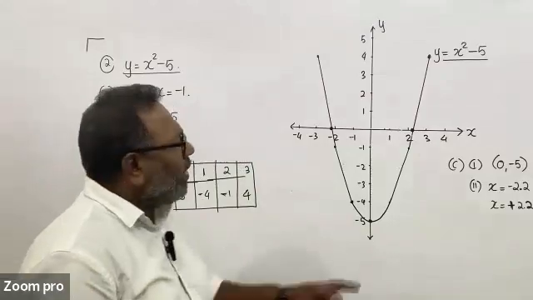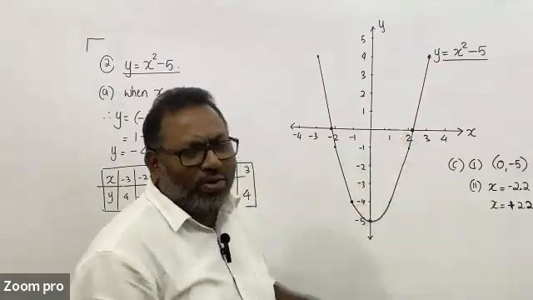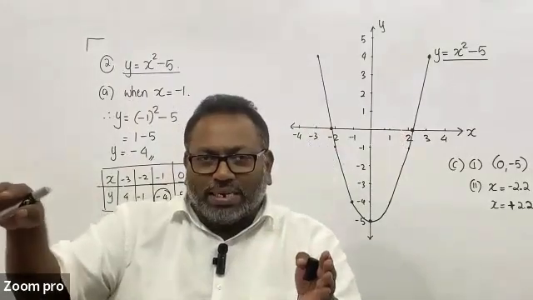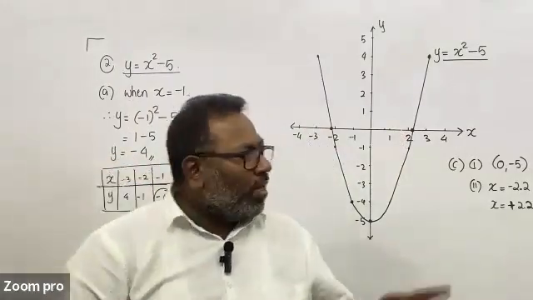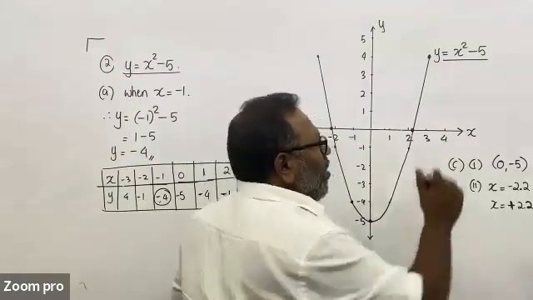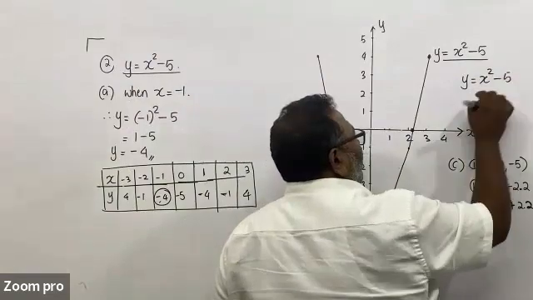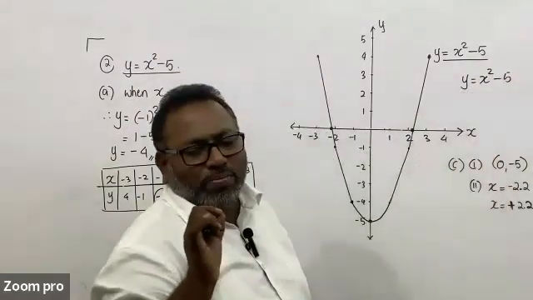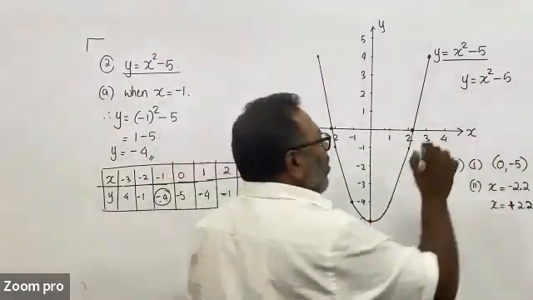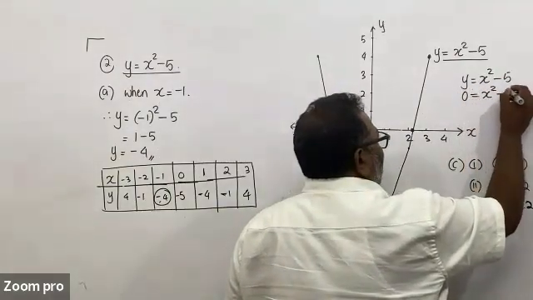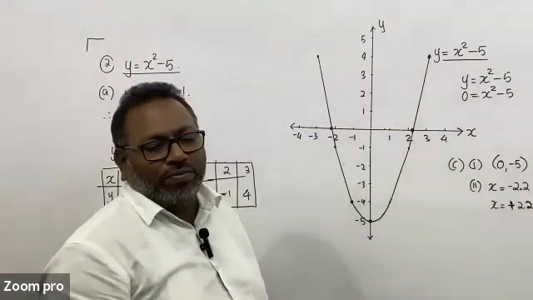I'll show you a way to calculate this. This is the easy way out: where the graph cuts the x-axis is your root. If you look at this function, y equals x squared minus 5, y is always going to be 0. So 0 is equal to x squared minus 5.